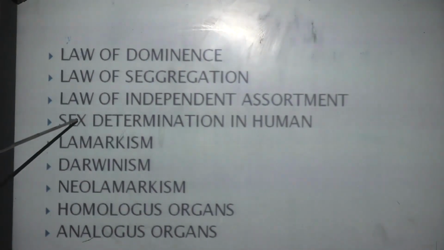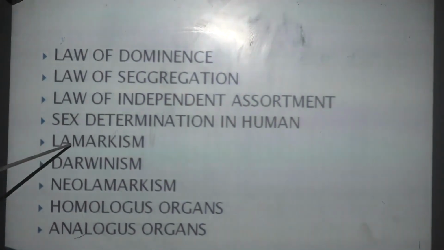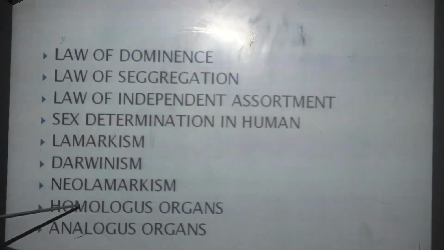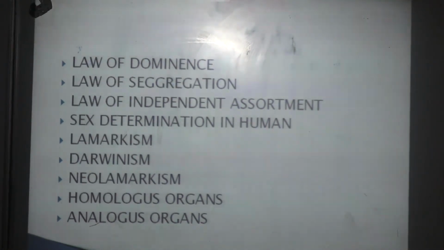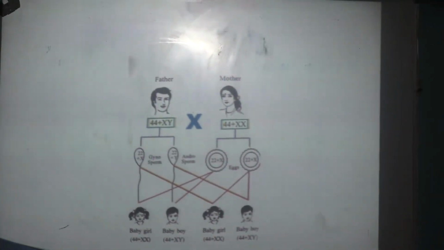Then 4 marks important: sex determination in human beings. And what is Lamarckism? 1 mark. What is Darwinism? 1 mark. What is Neo-Lamarckism? 1 mark or 2 marks. Homologous organs and analogous organs: in between these two, definitely we are going to get 1 question every year, whether it is March or June.